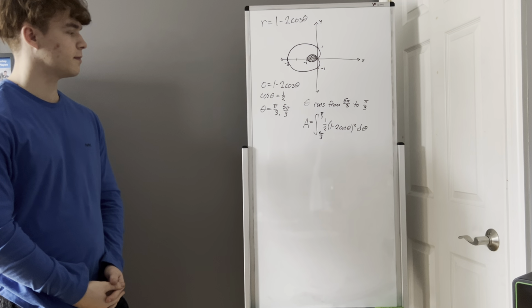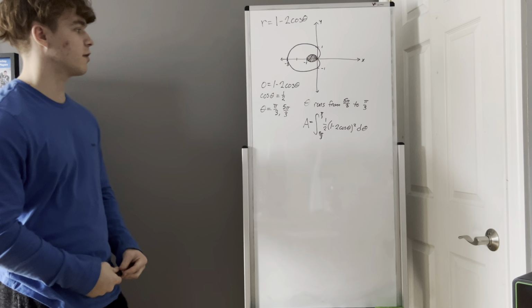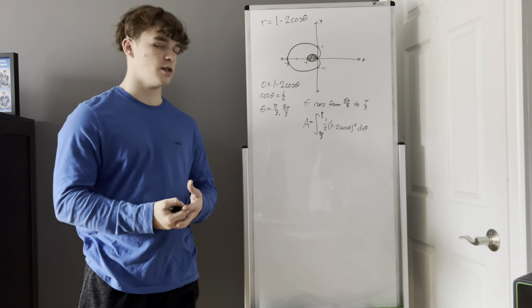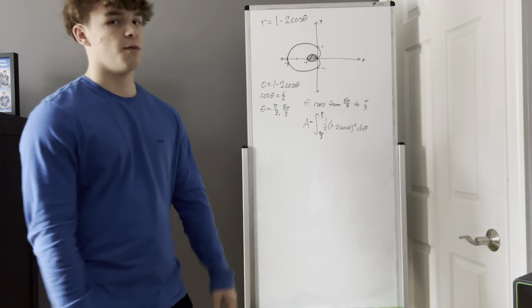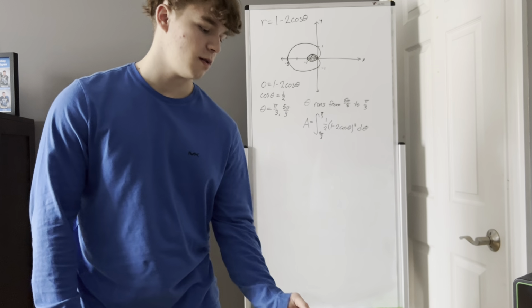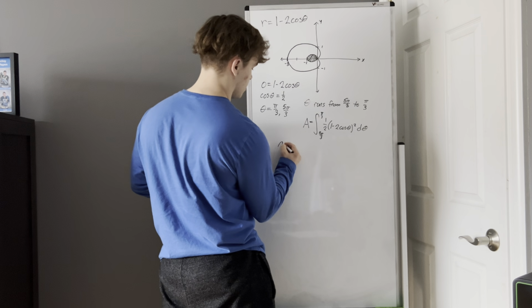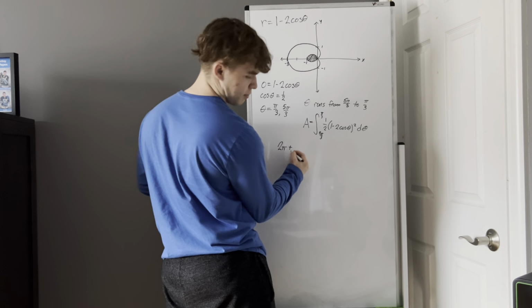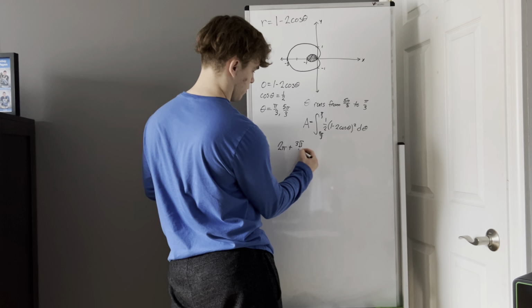So that's our formula. If I was to evaluate this, the video would be about 10 minutes longer. But I'll give you the answer. The answer is 2 pi plus 3 root 3 over 2.